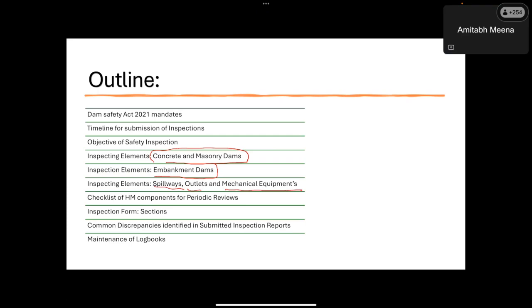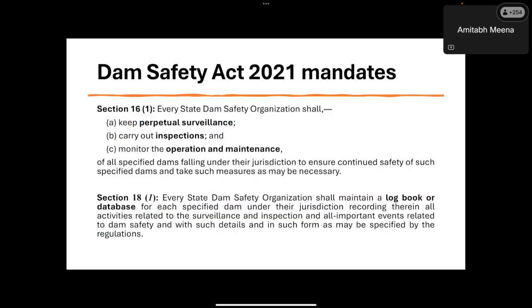The Dam Safety Act 2021 came into force in December 2021, and section 16(1) of this act gives an overview, a passing reference, to the inspections.